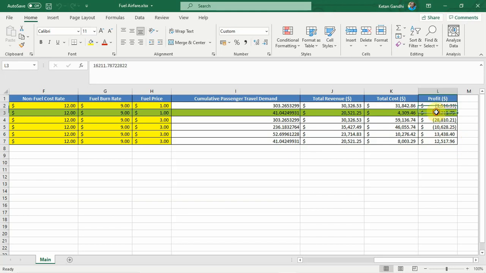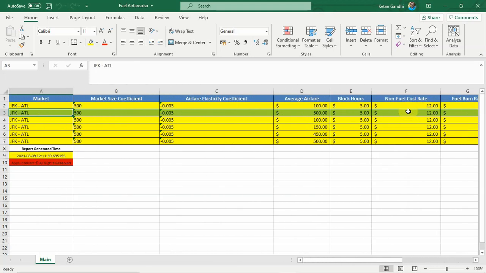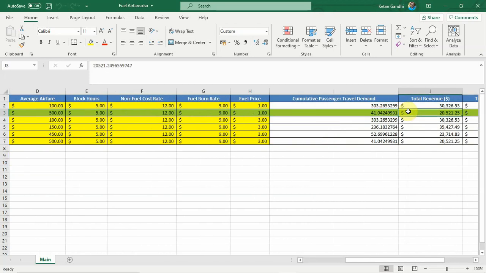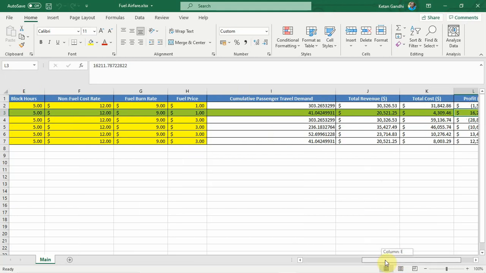So this combination of airfare, fuel, and the other cost structures gives the airline the maximum profit for this particular route. The airline would adopt this airfare with this fuel pricing, and this is the way this application calculates airline profitability.